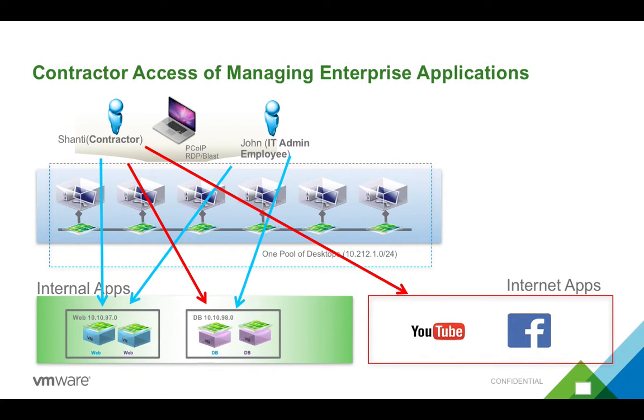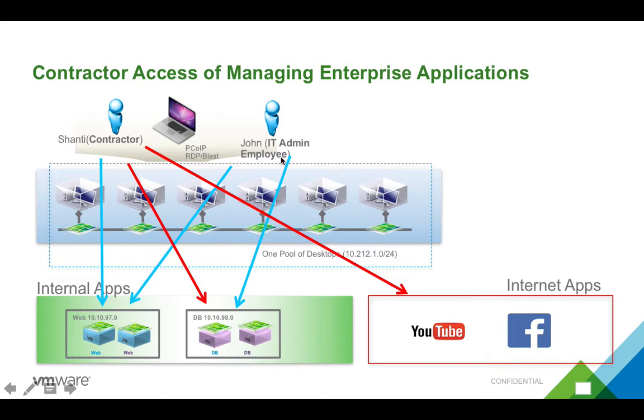The scenario that I created for my demo is more of a secure VDI use case, like managing contractor access to different enterprise applications. So what I have here is two groups of users: the contractors as well as the IT admin, which is the employee itself.